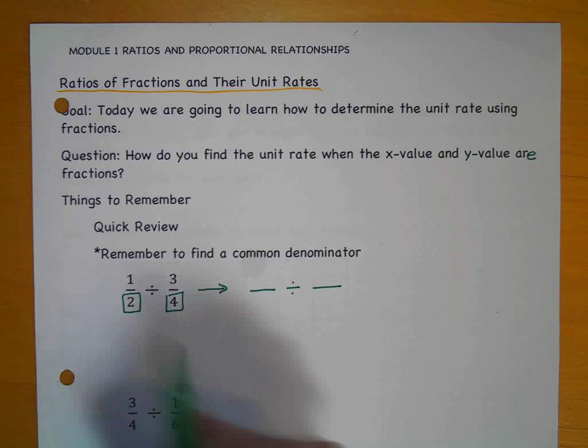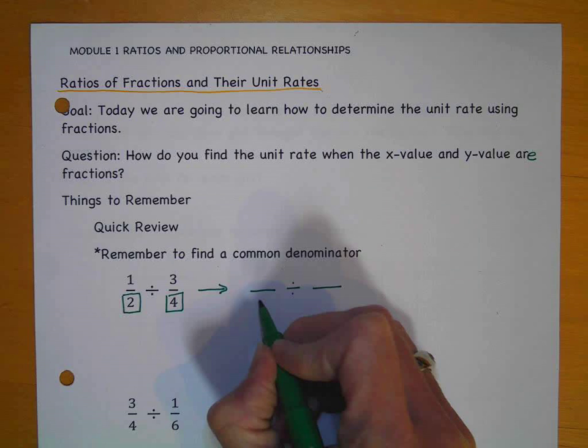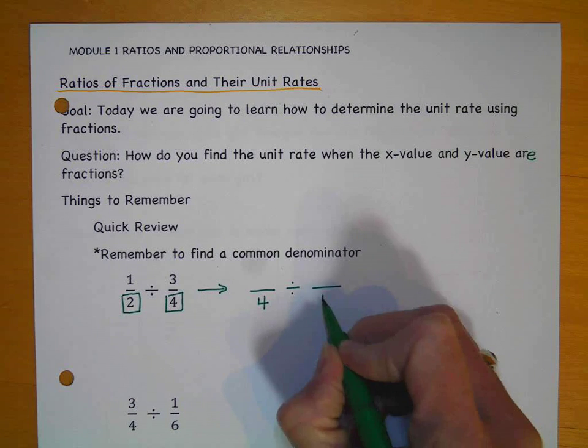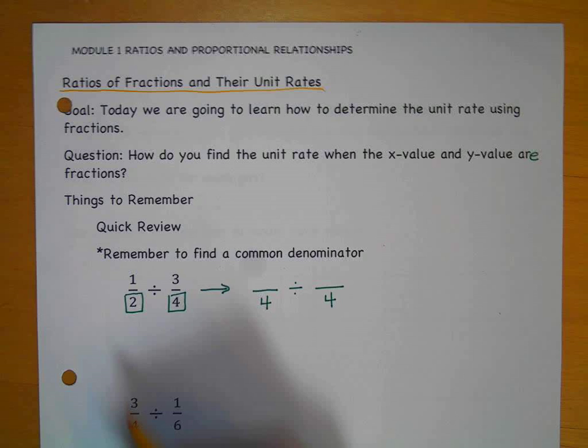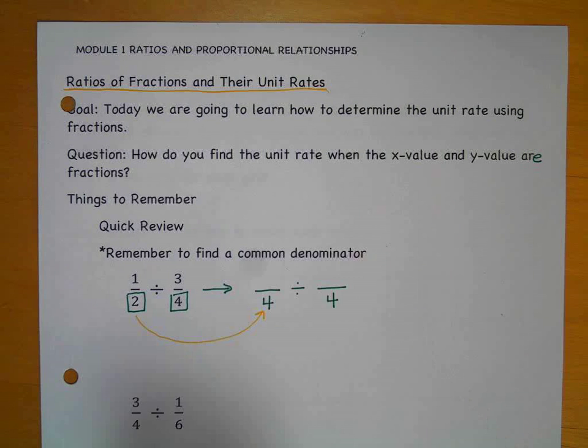Since one denominator is 2 and the other denominator is 4, what comes to mind for me as the easiest is to convert 1/2 into something fourths, because 4 is the same as 4. The process of doing this is we just ask ourselves that infamous question that we've been using since we started: how do I get from 2 to 4?